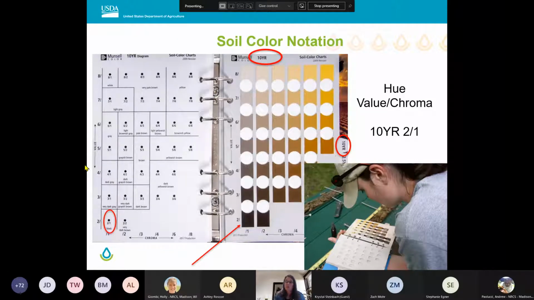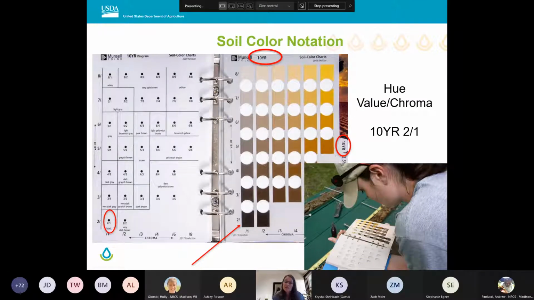For instance, where that arrow is pointing, if I think my color matches that bottom left-hand chip, I would call that 10YR. That YR does not stand for year. It actually stands for yellow-red. So I'm on the 10YR page, and then my value is 2 and my chroma is 1.